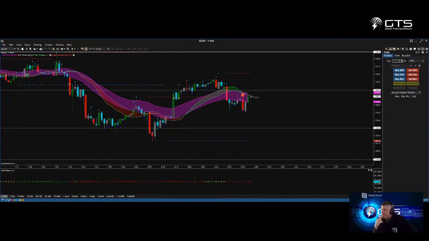What you'll see sometimes is it goes up and touches the top of this cloud, and then comes back down, and sometimes it trades in the cloud. Key point: if it's in the cloud, don't trade it. Don't do it. It is crazy. Don't do that. Don't do it.